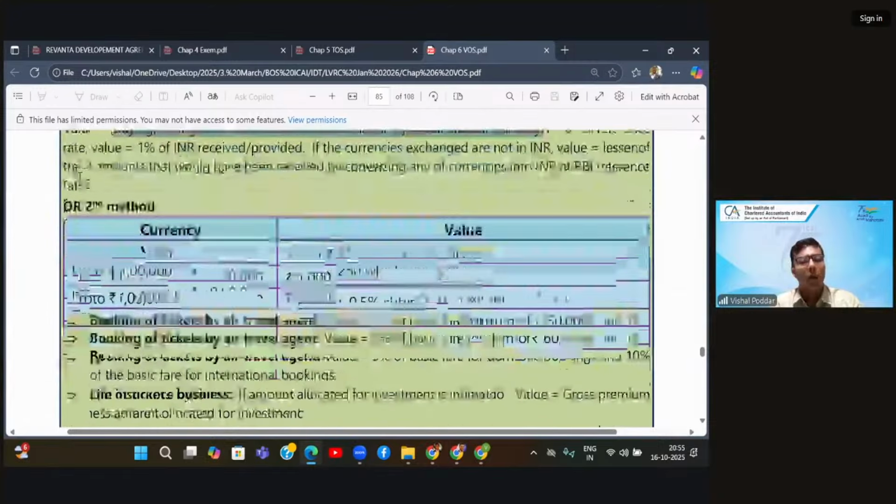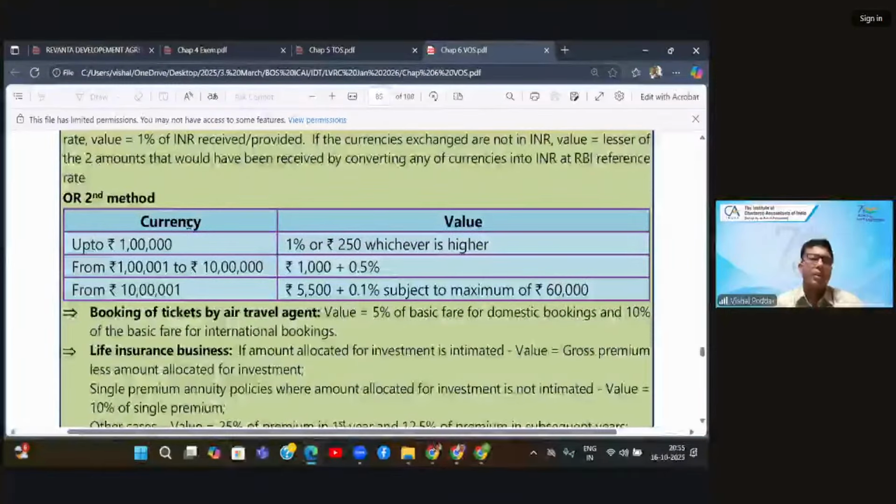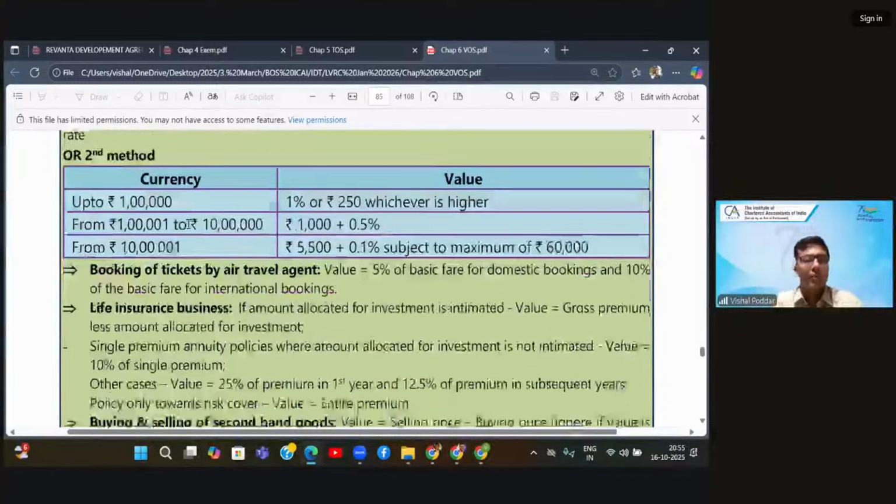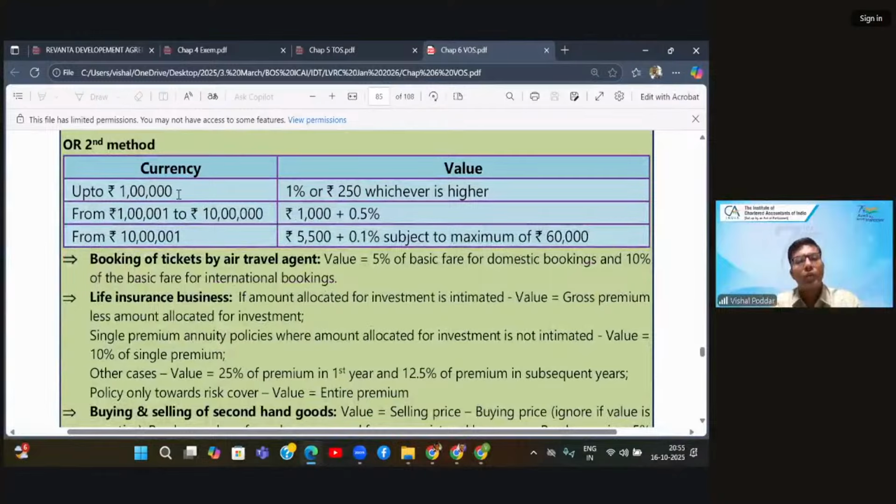This is option 1. Option 2 is they have given a slab. What is the slab? Up to the first 1 lakh of the currency which you have exchanged, you take 1% or 250, whichever is higher. Now this 1% is fixed, so it will come to 1000 for 1 lakh. Then for the next 9 lakhs, it is 0.5%.